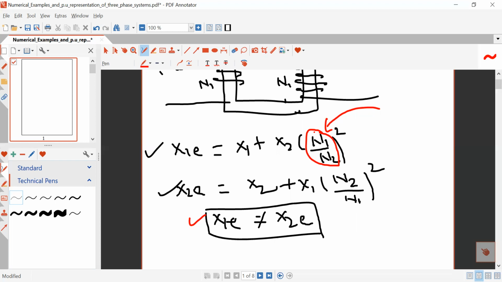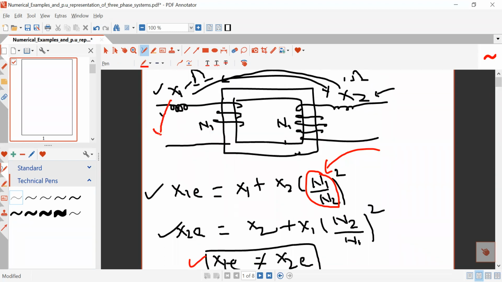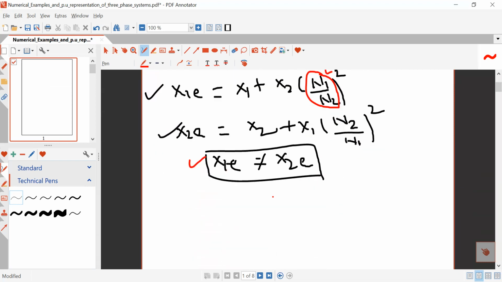But in previous lecture I have shown you that when you represent this X1 in per unit and this X2 in per unit system, then total reactance of the transformer referred to the primary in per unit will be simply equal to the sum of primary reactance in per unit and secondary reactance in per unit.